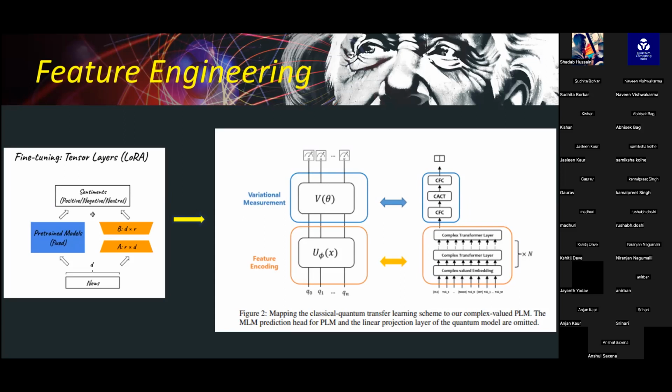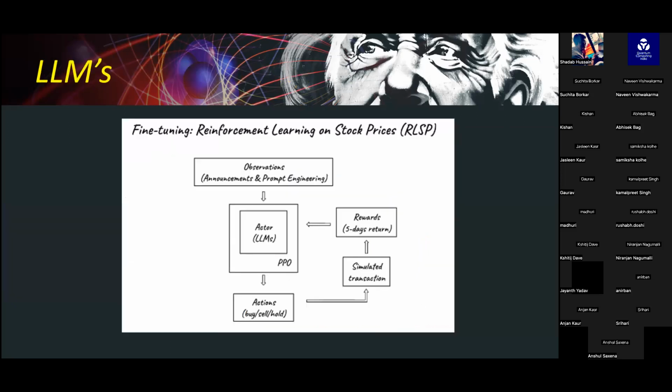It can potentially be replaced by a variational or feature encoding from quantum computers. I'm not going into too many technical details, but what I'm trying to show is that these are the proposed replacements which will make generative AI more powerful, more economical, and more realistic.